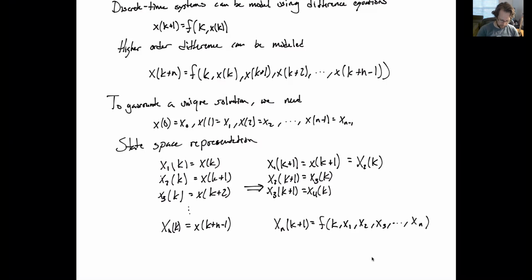And then with the initial conditions, x1 of 0 is equal to x0, x2 of 0 is equal to x1, where these x0, x1 were defined in the initial conditions above, right here, and then xn of 0 is equal to x sub n minus 1. All right, let's look at an example.